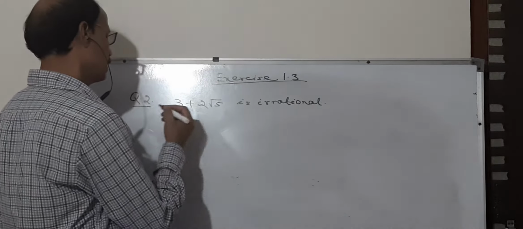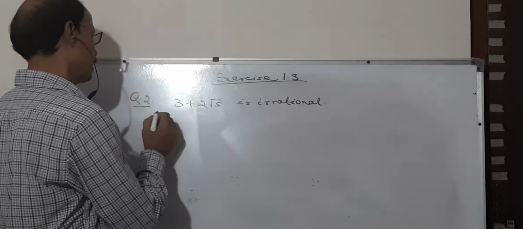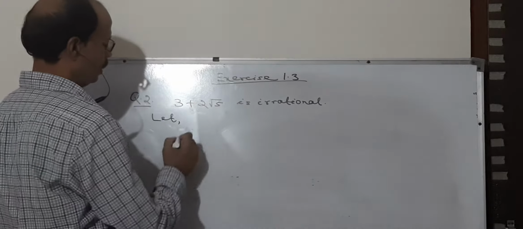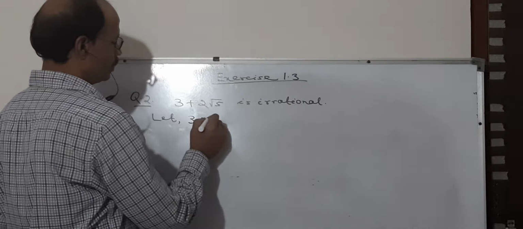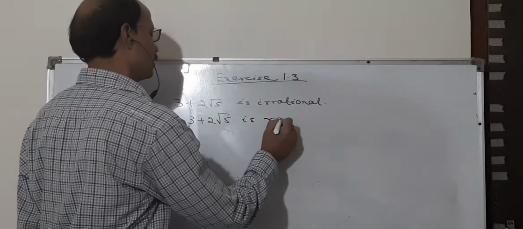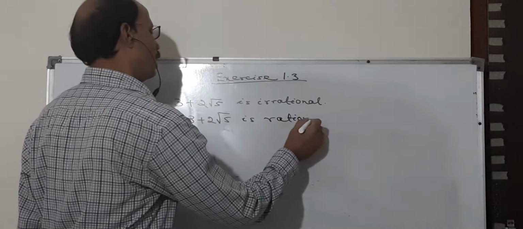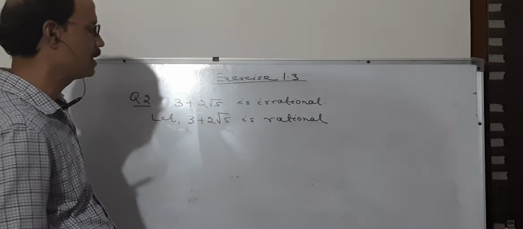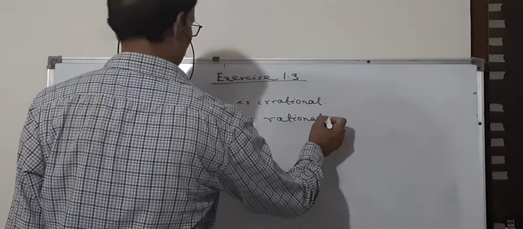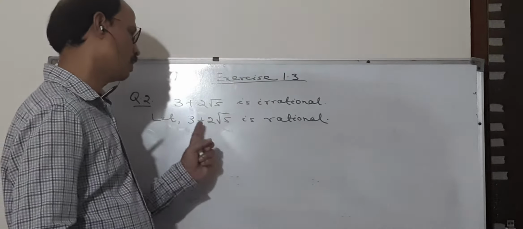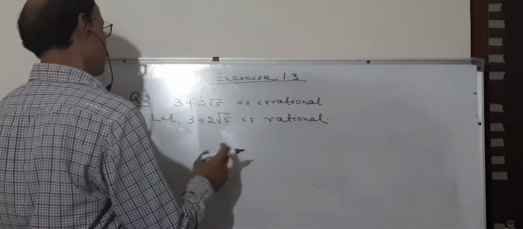So the same process we have to start. Let 3 plus 2 root 5 be rational. So it is rational. So what happened?